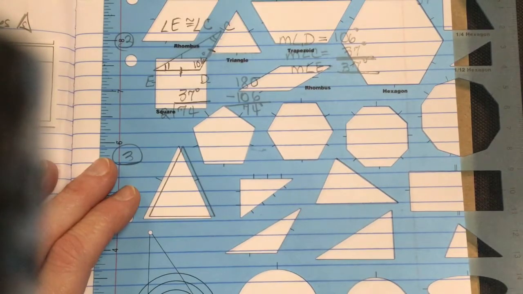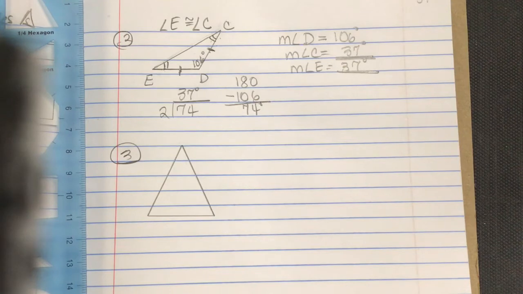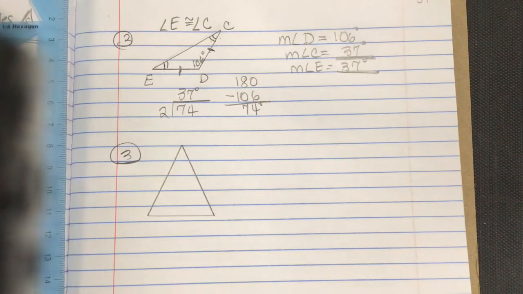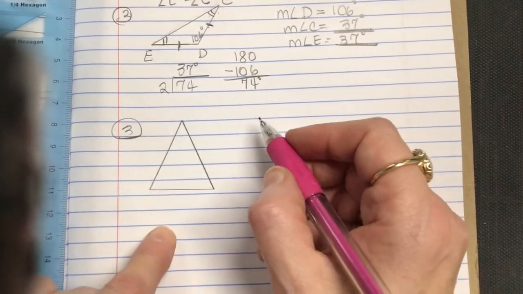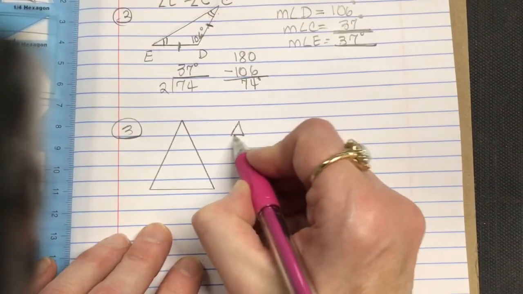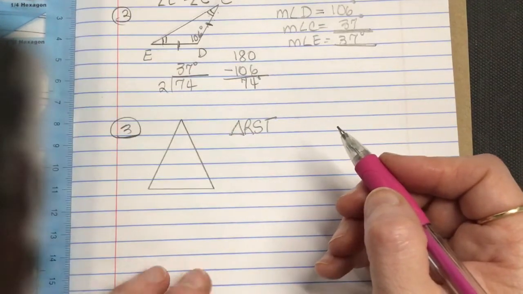I'm not sure they're going to mark anything in the picture. And actually, I'm not sure they even give you a picture to start with. So we're going to do this. We're just going to draw that one, and we're going to put that we're given triangle RST. Don't know where the letters go.